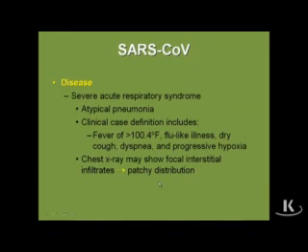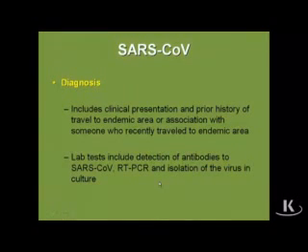And the chest x-ray is going to be kind of a patchy infiltration. But also, in order to diagnose SARS, you need a history of travel to an endemic area, okay? So the diagnosis includes those symptoms plus a history of travel to an endemic area. What are those areas again? Guangdong, China, and Toronto, Canada.